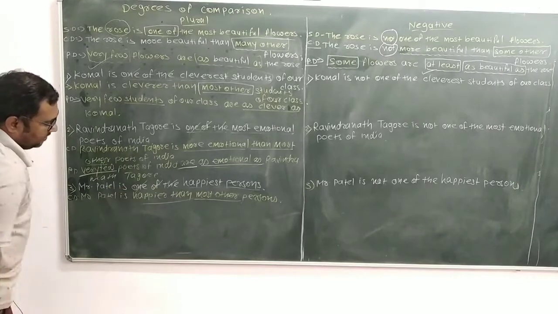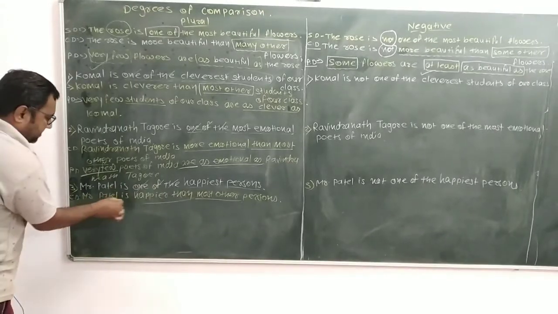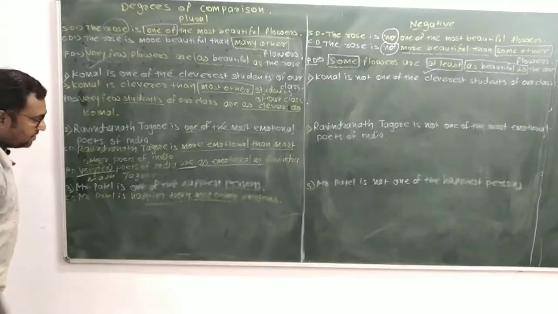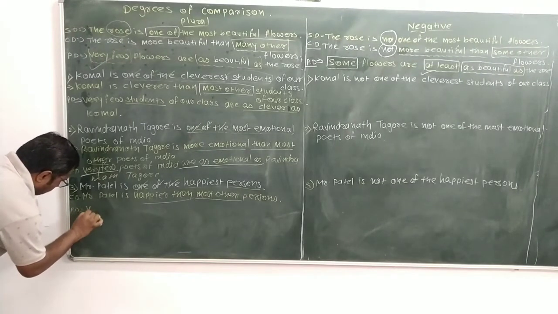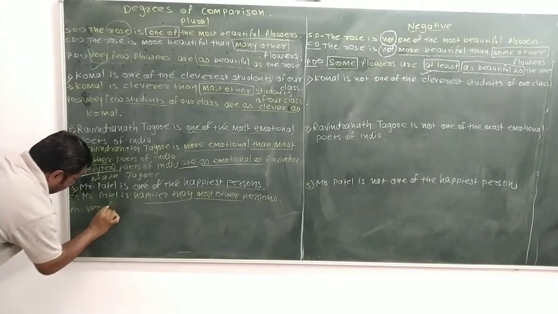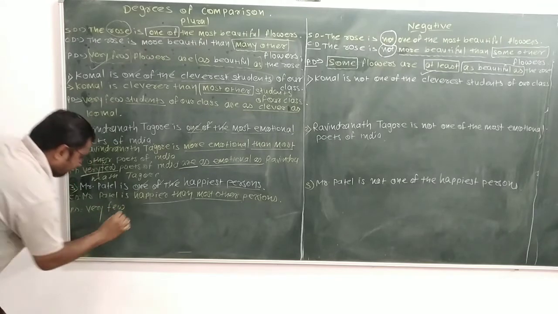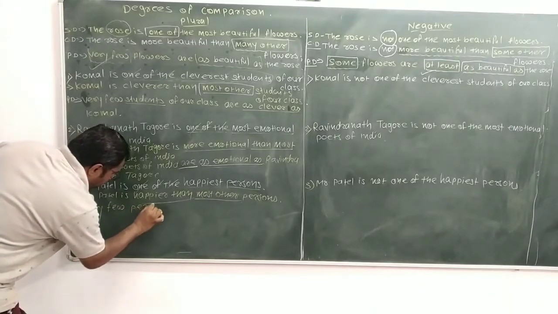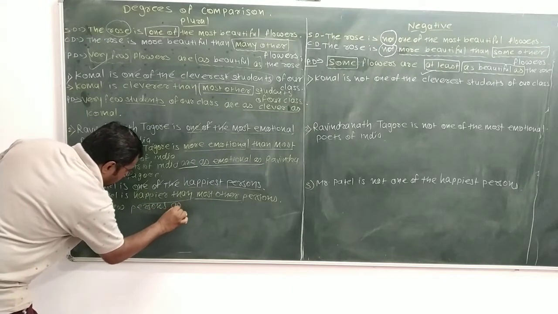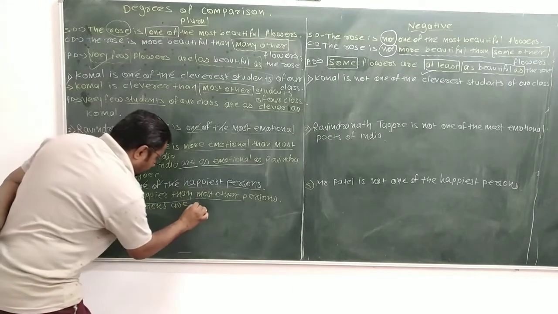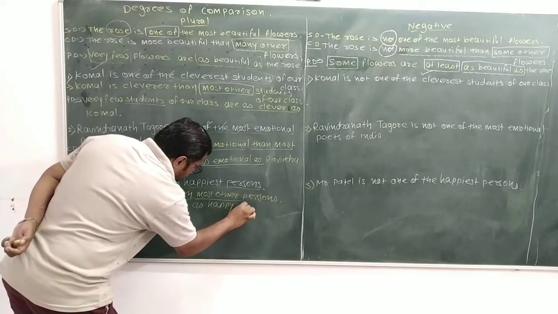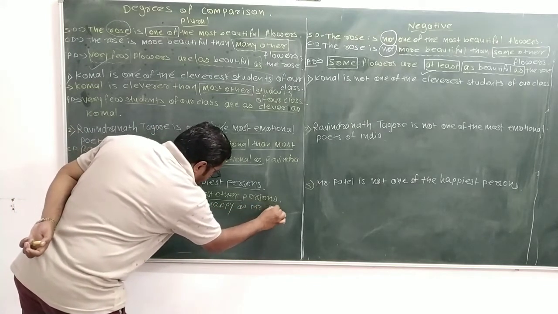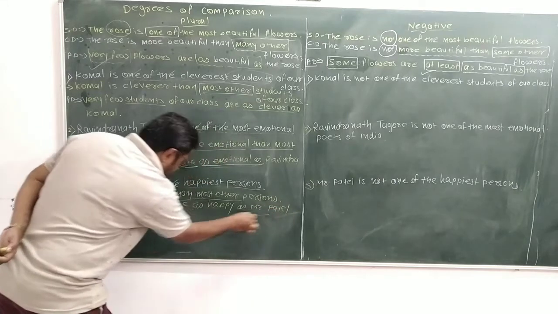Mr. Patel is one of the happiest persons. Mr. Patel is happier than most other persons. And now we try to make the positive degree. So first of all, very few persons are as happy as Mr. Patel.